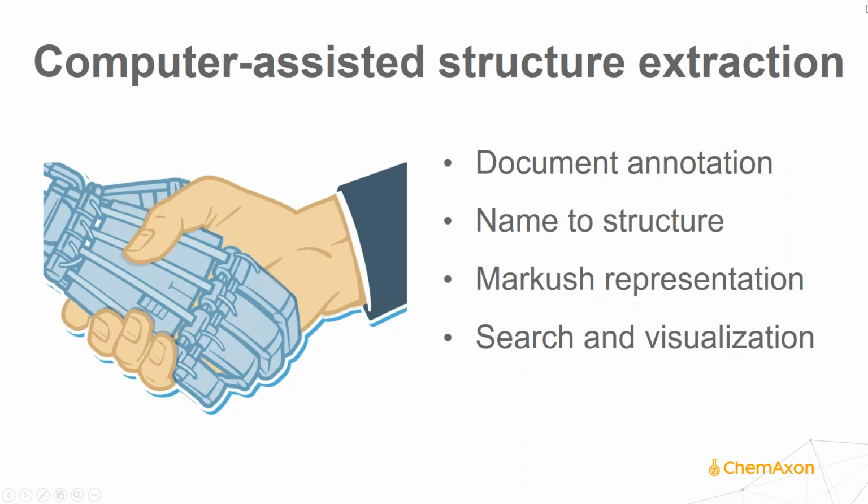You are able to load any kind of documents, including PDF documents and HTMLs, directly. You are able to load Google patents, for example, inside the tool. And after that, it combines our naming technology, Markush representation, search, and visualization to help you to extract the necessary chemical information as fast as possible.